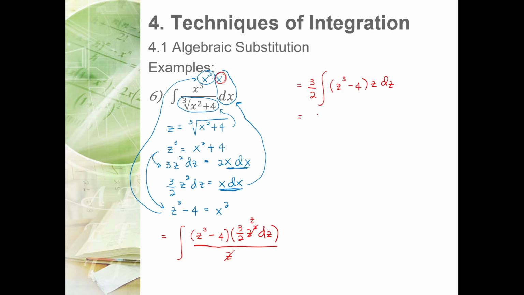So distributing z inside the binomial, that's z to the fourth minus 4z dz. So it's all in dz now because we only have z.